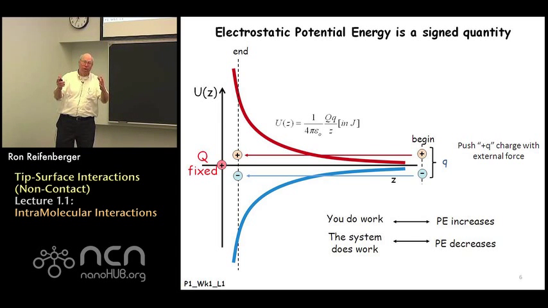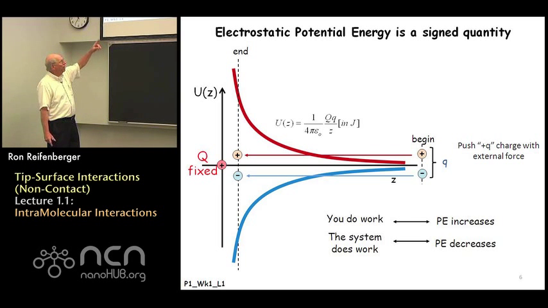Again, this is just a reminder that if the polarity of the two charges is the same, so that means if capital Q and small q are both positive or both negative, the electrostatic potential energy increases as we move the two charges close to one another. That's indicated by the red upward curve in this diagram. That red curve increases as 1 over z, where z is the separation between the two charges.